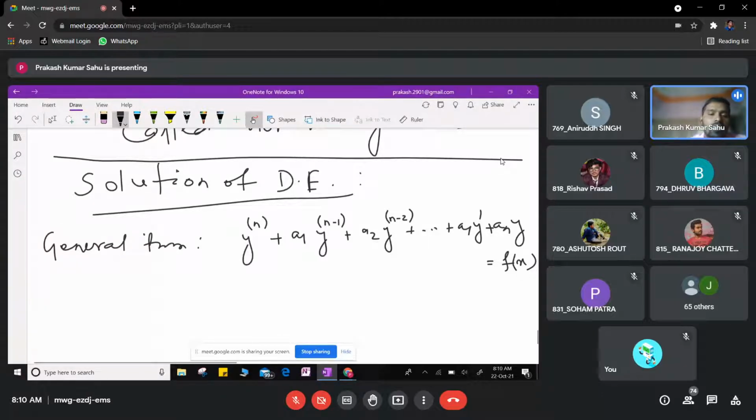So this is the general form of a linear constant coefficient differential equation. If f of x is equal to 0, then it is homogeneous, otherwise non-homogeneous. And if a1, a2, up to an are constants, then this is constant coefficient, and if these are functions of x, then it is variable coefficient.